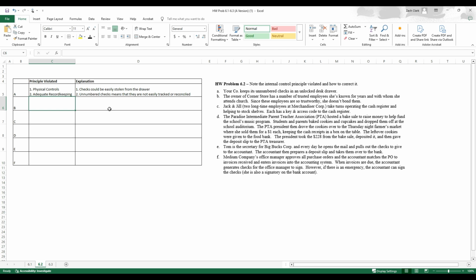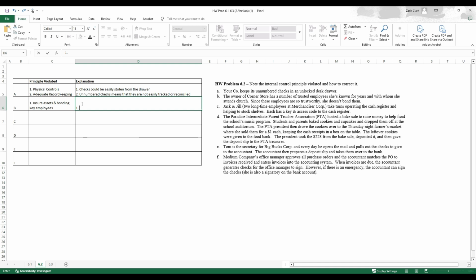There's really just one control here that is being violated, and that would be insuring assets and bonding key employees. Let's click the wrap text there to make that wrap. See how that wrapping text means it goes down inside the cell.